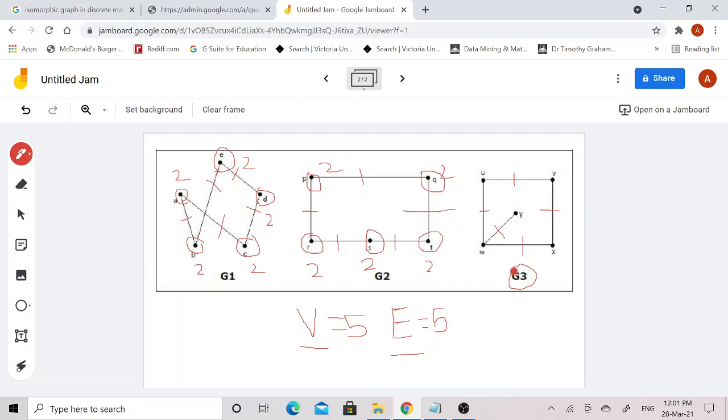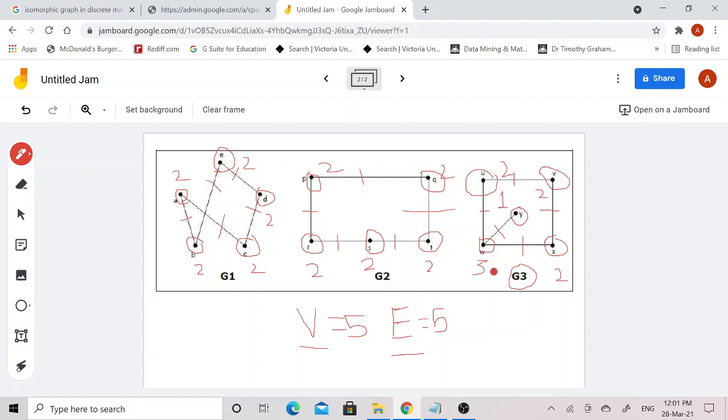Now we will consider the graph G3. Here the degree of vertex for node U is 2, for node V is 2, for node X is 2, for node W the degree of vertex is 3 because there are 3 edges connected to this node, and node Y the degree of vertex is 1.